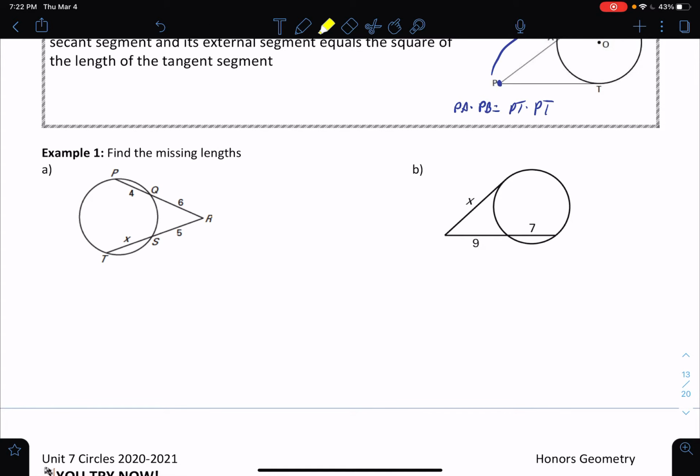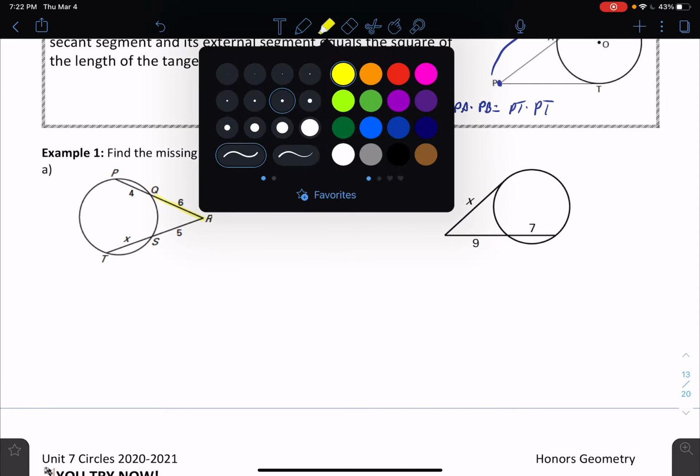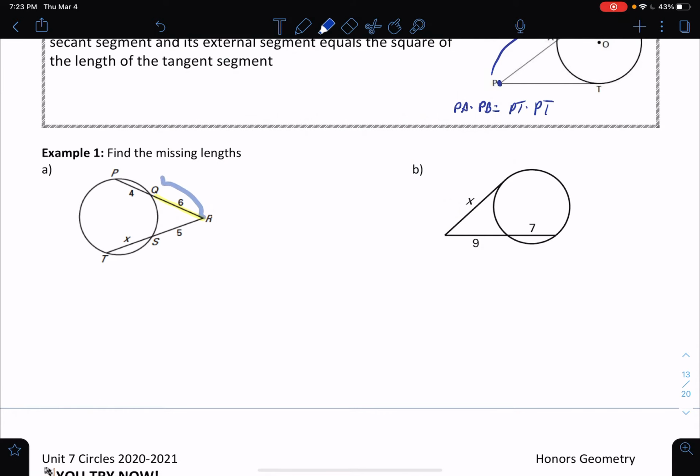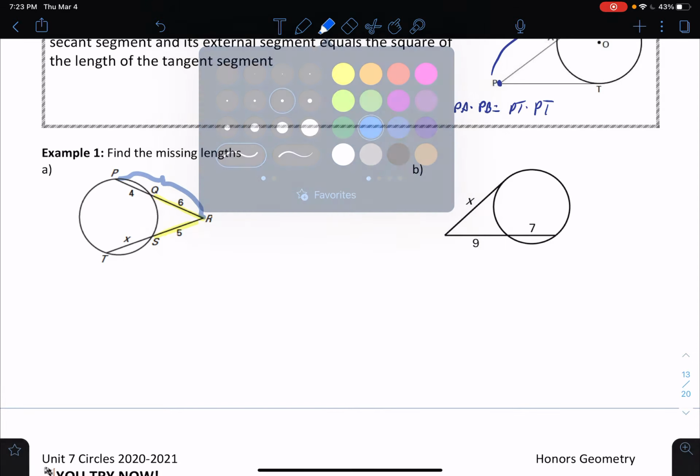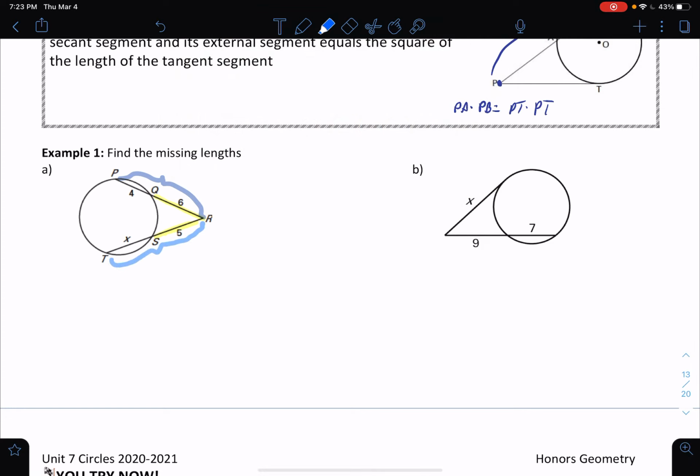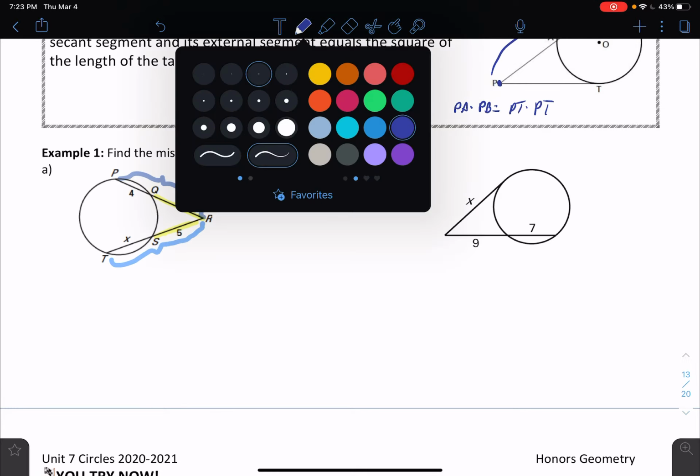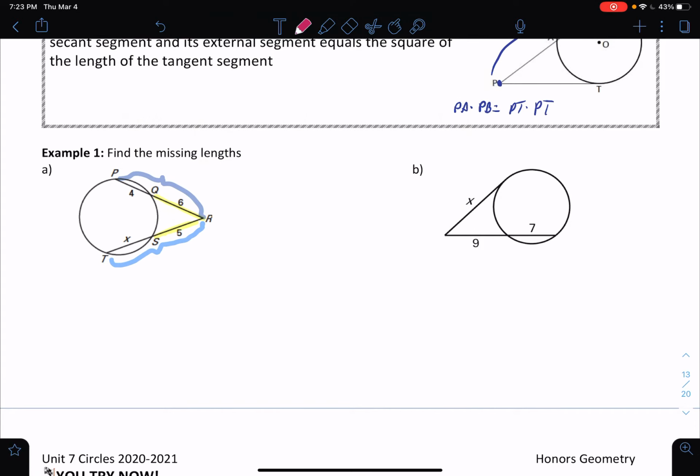Okay, so let's find the missing segments here. So we've got two secants here. So we need to do the outside times the whole equals the outside times the whole of the other one. So it's important to note what our whole segments are. Like PR, this whole secant is 10. RT, this whole secant is 5 plus x.